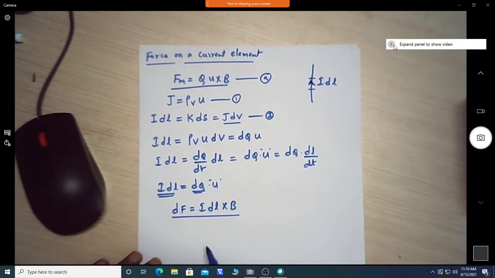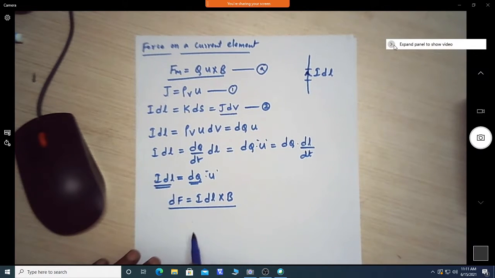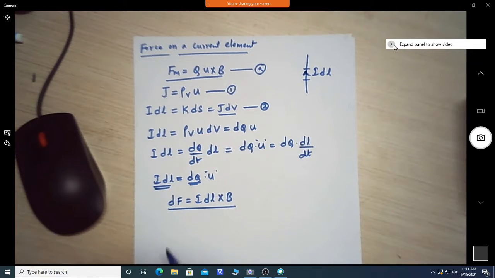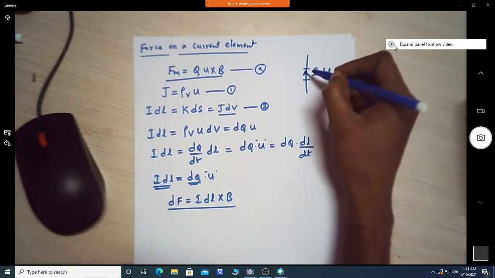That's how we get the force. So dF equals I dl cross B. That is the force we get due to the magnetic field on the current-carrying element I dl.